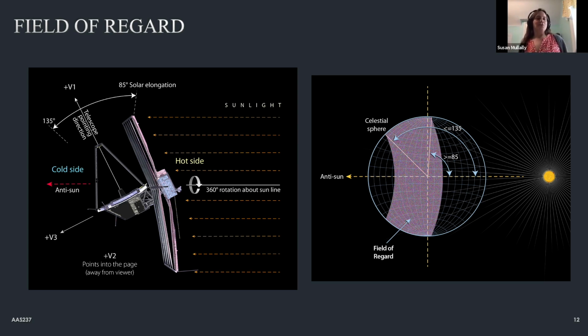That means the telescope can only point between 85 and 135 degrees from the sun, but it can do that in 360 degrees, which means over 6 months you can observe anywhere, but at any one time there are only certain places you can observe. Things near the ecliptic poles can be observed anytime. That's the continuous viewing zone. So keep that in mind as you think about planning your observations.